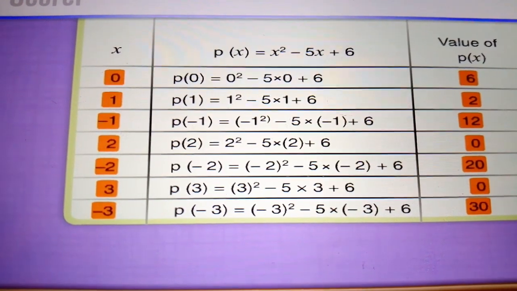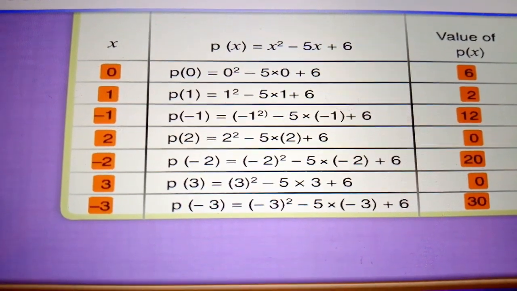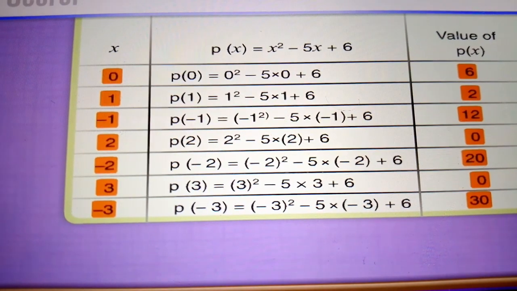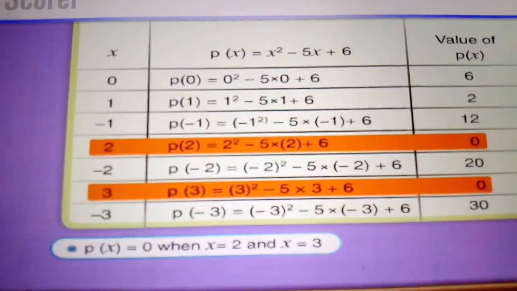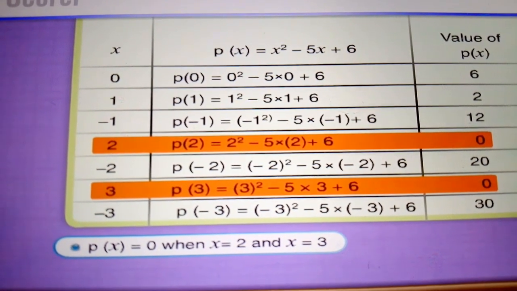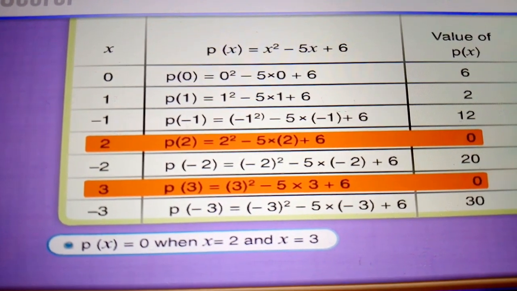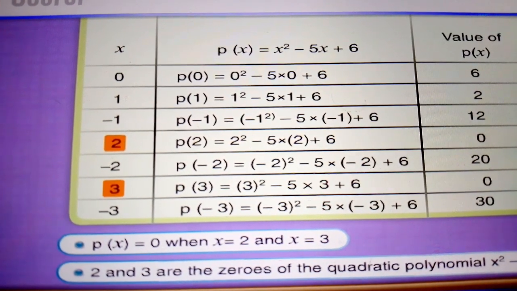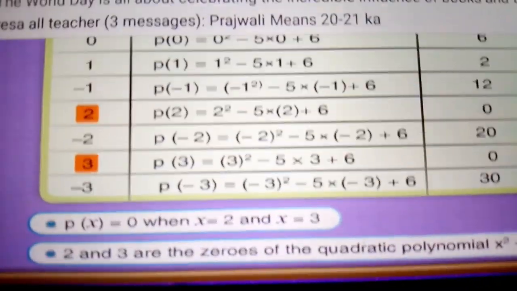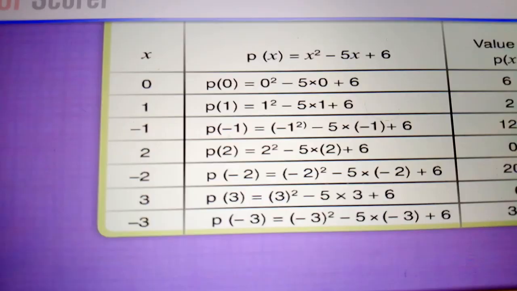For which values of x is the value of the polynomial p(x) 0? Yes, the value of p(x) is 0 for x is equal to 2 and x is equal to 3. Therefore, 2 and 3 are called the zeros of the quadratic polynomial.